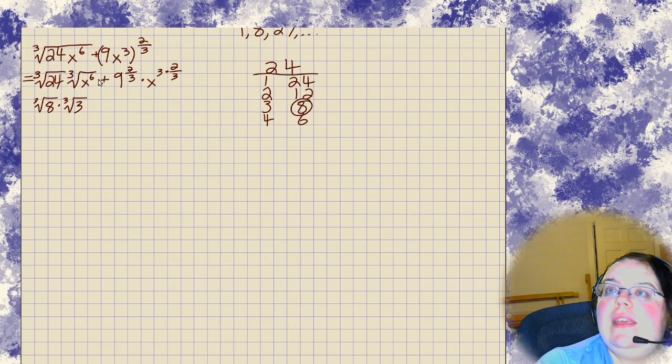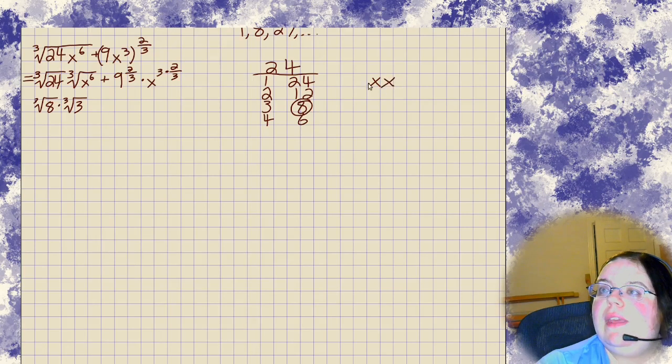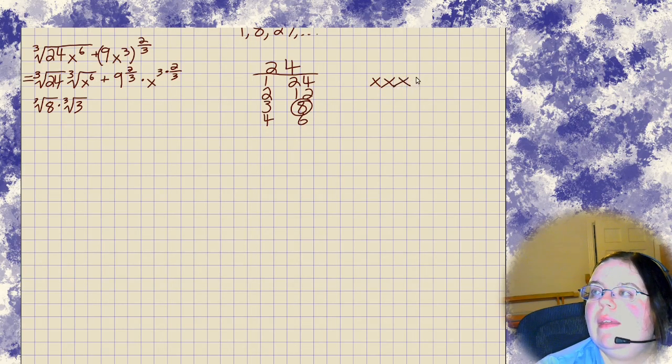Well, then I've got the cube root of x to the 6th. So just as a reminder, if we have x to the 6th and we're trying to make 3 equal groups out of that, they'd have 2 each, and each of those would be the cube root.